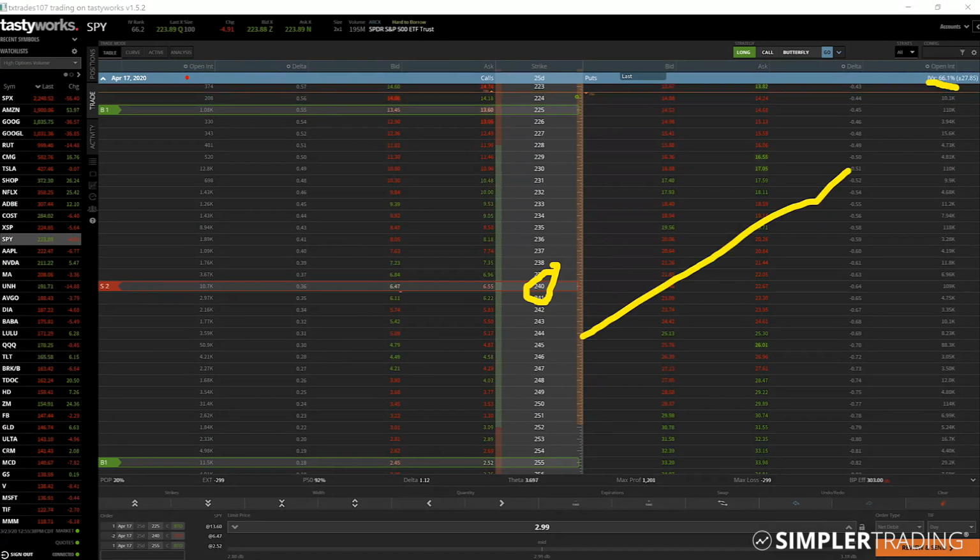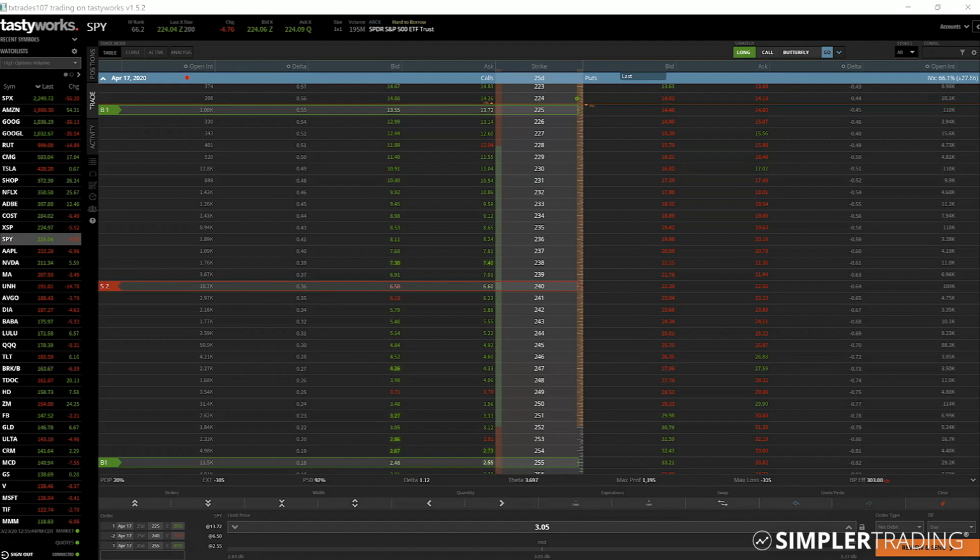So again, this type of trade benefits if the IV comes down. Notice the IV here is 66. Let's say that goes down to 56. That benefits this fly, so that works well for this type of high volatility. And lastly, you can see the theta here is actually much more positive than it was on the put credit spread. So a couple of advantages and disadvantages. If you are more directional, then you want to be in the put credit spread because it's going to give you that directional kick, and it gives you the IV, and it gives you some theta.